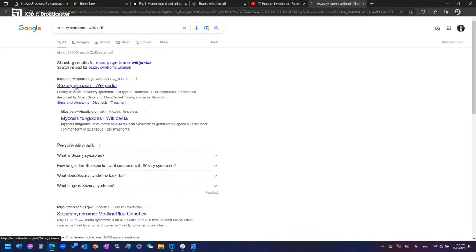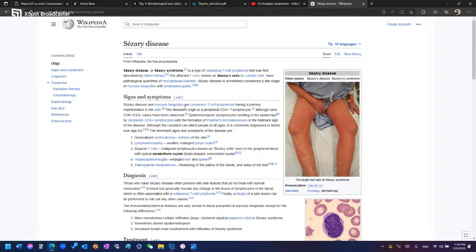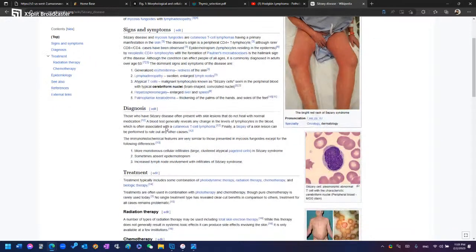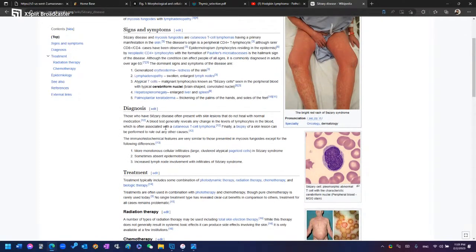But how does that work, right? It's when you have CD4 cells, and let's see, how does this happen?